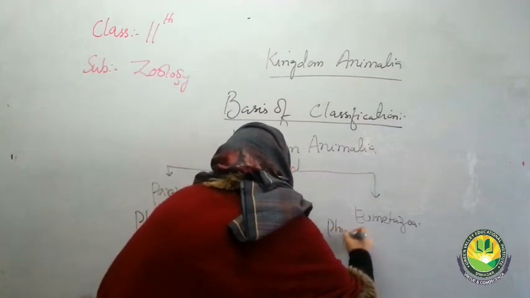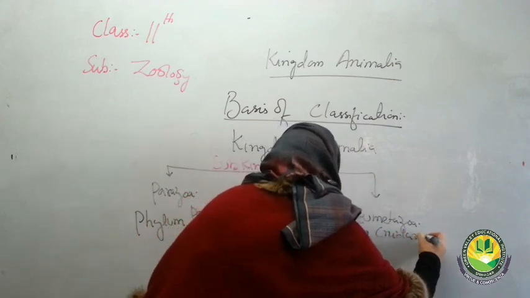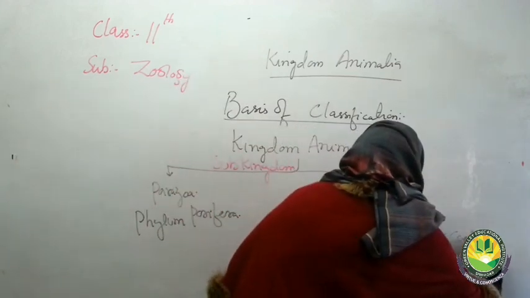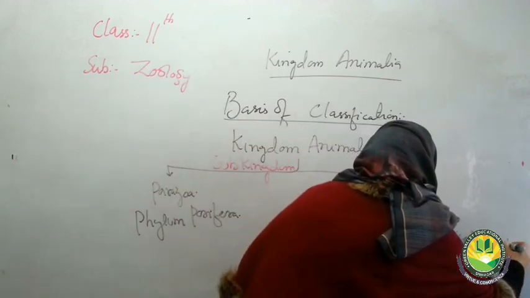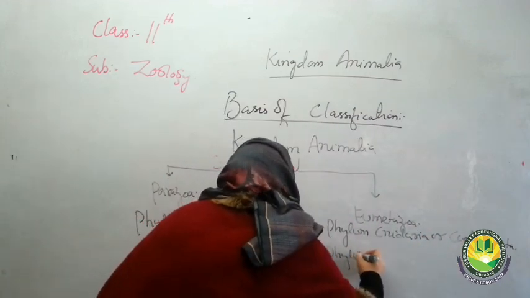The first phylum is phylum Cnidaria, or we can say the phylum Coelenterata. The second phylum is phylum Ctenophora.